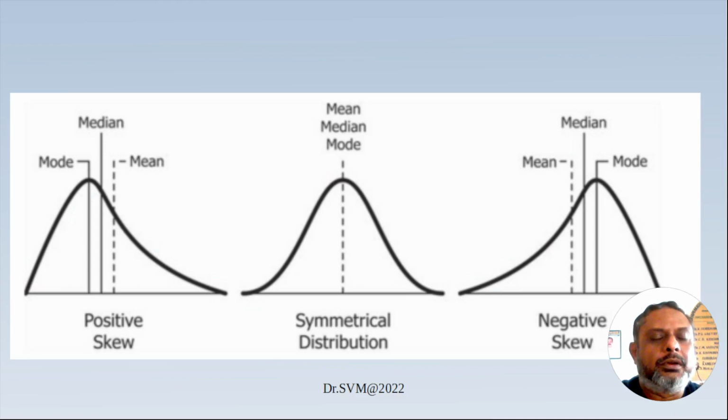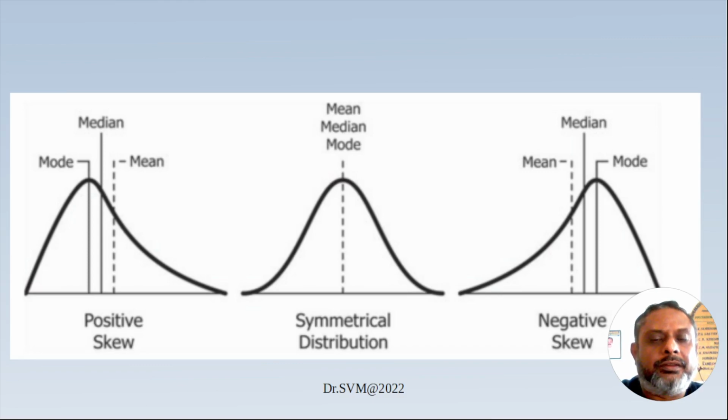So if you look from left to right, first mode comes, then median, then mean. On the other hand, if it is negative skew, then from left to right, first mean comes, then median, then mode. So that's a reverse order.